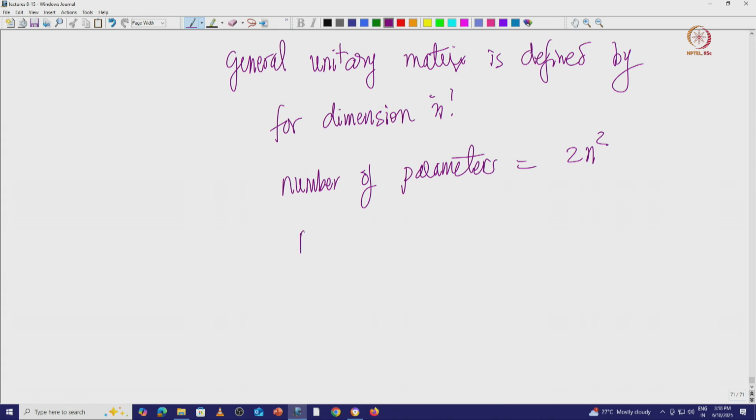And the number of conditions is equal to n square, n into n.